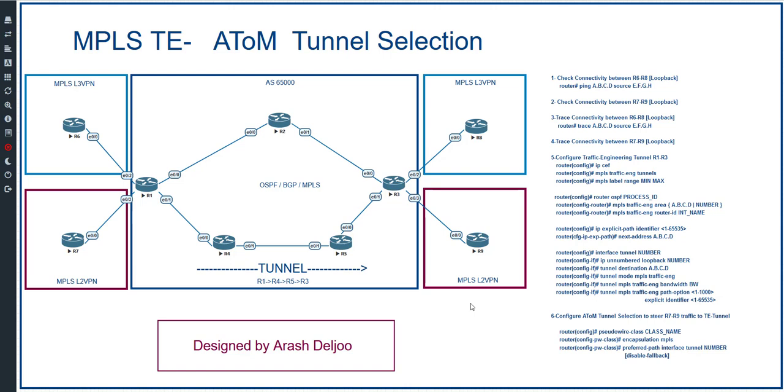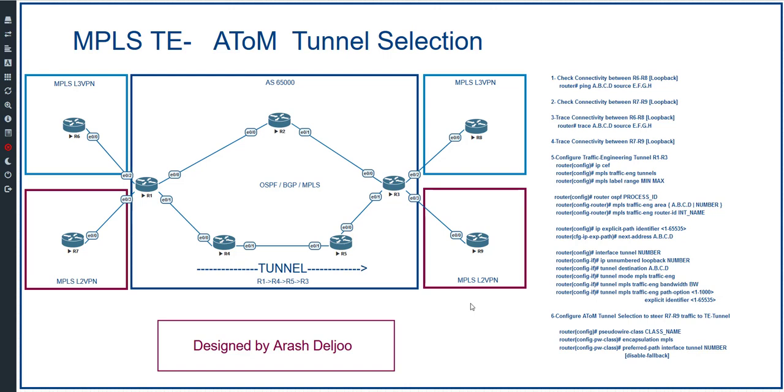This is a scenario that in some parts is not relevant to our course, but we need to configure that part first. After that we can talk about the any transport over MPLS tunnel selection. This is a practice scenario about the layer 2 VPN or AToM and layer 3 VPN.